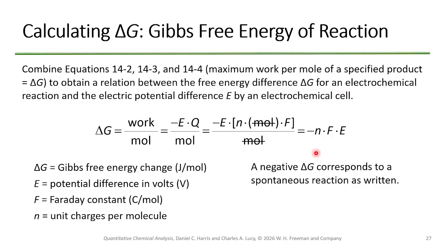Again, though, note that negative delta G, right, is spontaneous. And so a high E value is going to be correlated directly with a negative delta G value. Okay? So if you go up to a positive change in E, that's going to be what sort of process?